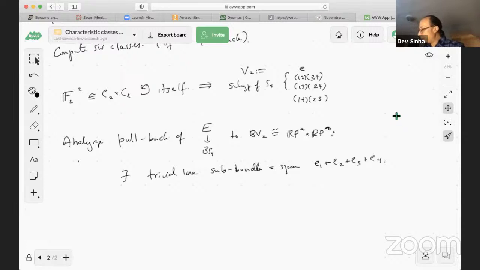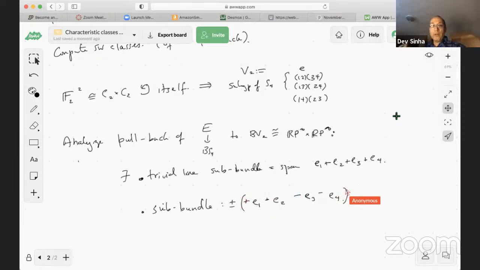So, but then let's look at, I also get a subbundle which is spanned by, so what I mean by this is, this vector and then its opposite under all four of these elements.